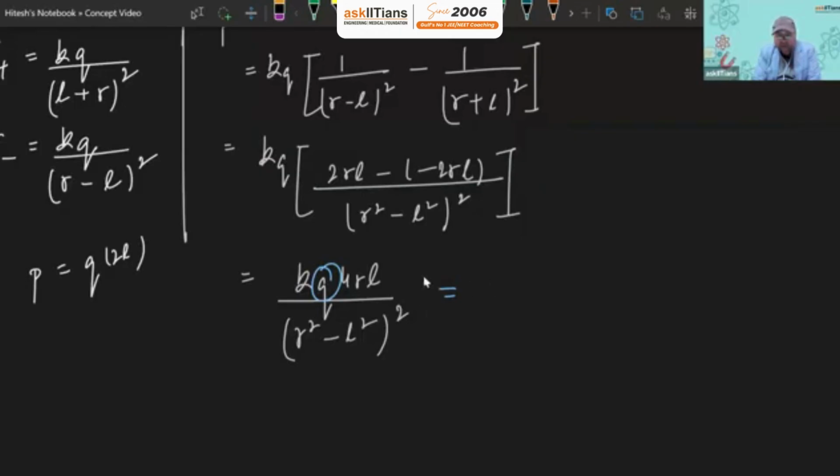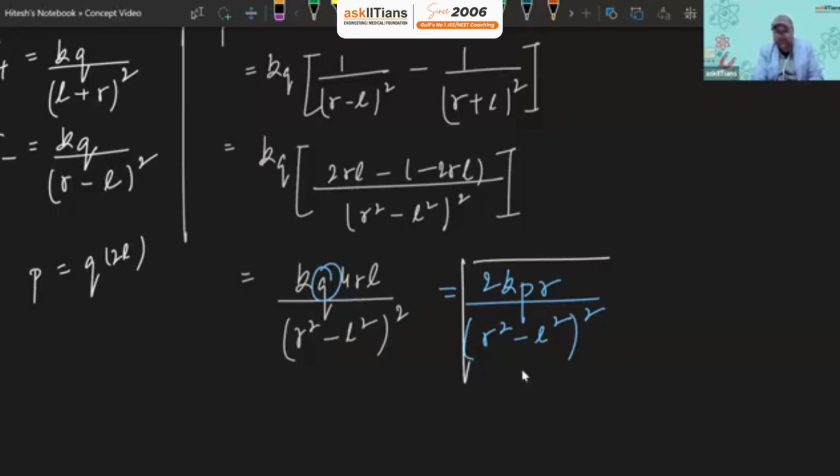So we'll be writing it like this: 2KPR upon R square minus L square whole square, right? So this would be the electric field at that point. Getting it? At the axial point, right?